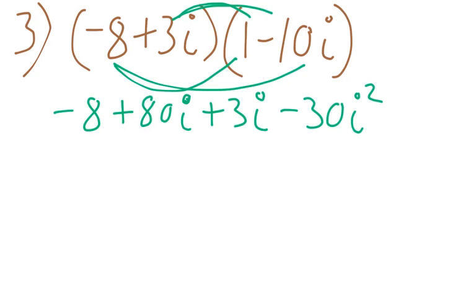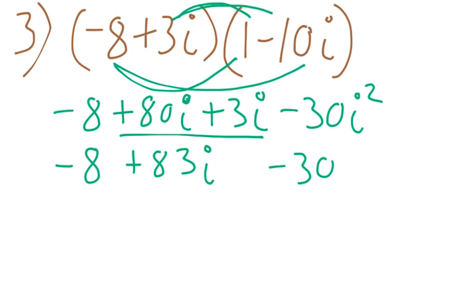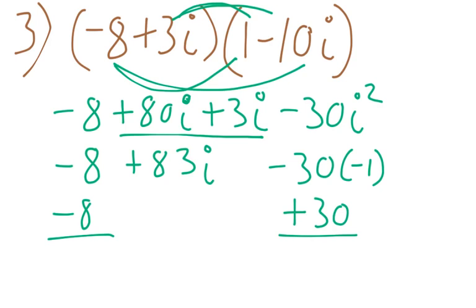Anyways, and your last part, minus 30i squared. So this is still negative 8, right? This part here becomes plus 83i, and this part, because it's i squared, it's minus 30 times negative 1. So it's actually plus 30. So I have negative 8 plus 30, and then plus the 83i.